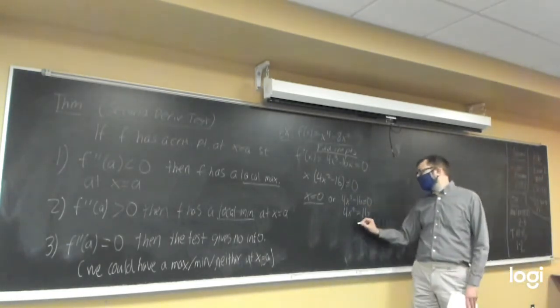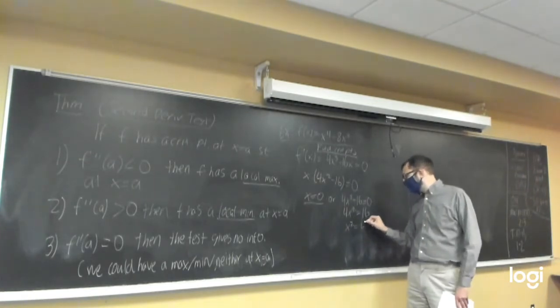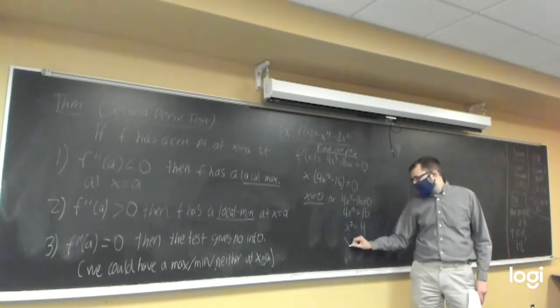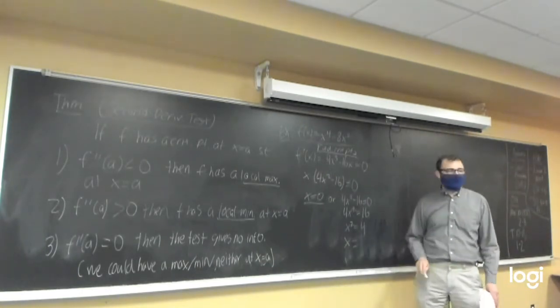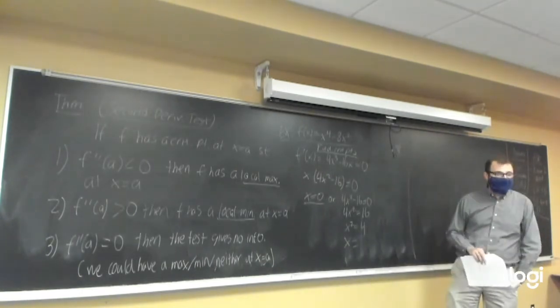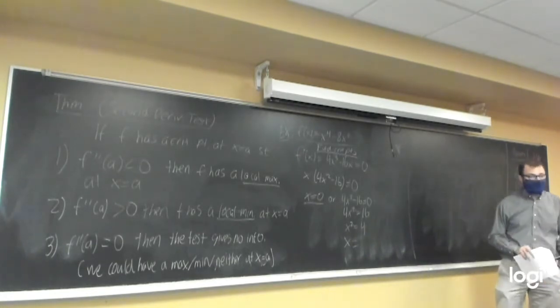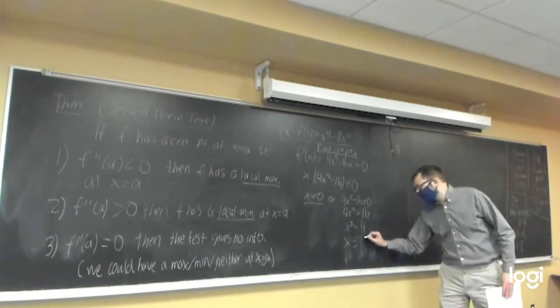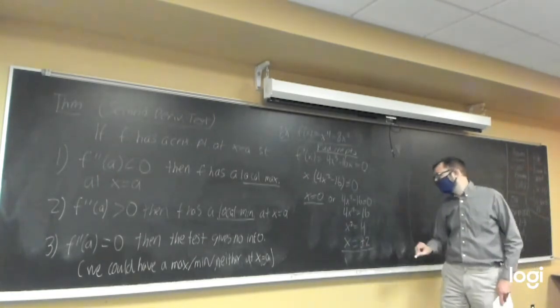We can divide both sides by 4 and get x squared is equal to 4. And if x squared is equal to 4, Olivia, what's that going to tell us that x can be? Positive or negative 2. Yeah, x is going to be plus or minus 2.